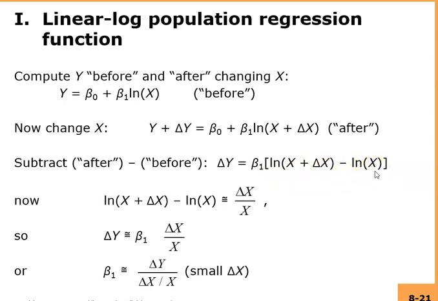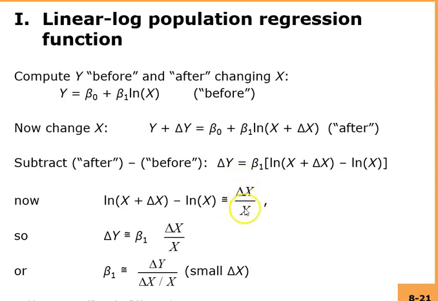From the previous slides, we know that this identity, which is being multiplied by beta 1, is equal to change in x divided by x. And we did a couple of examples in the two slides before which show this relationship.